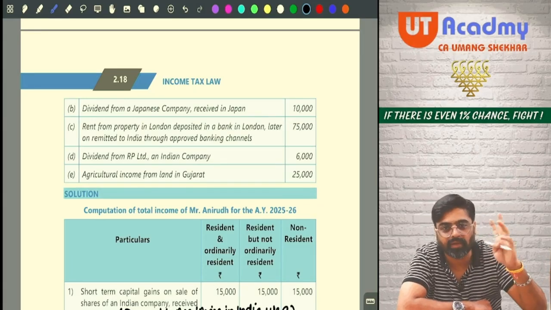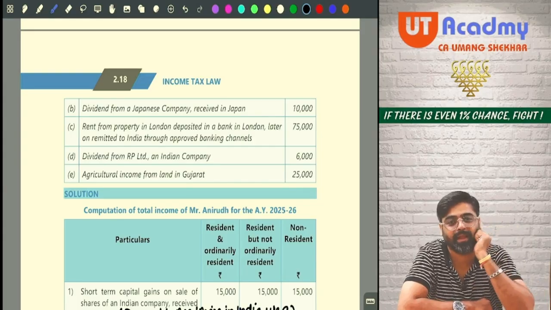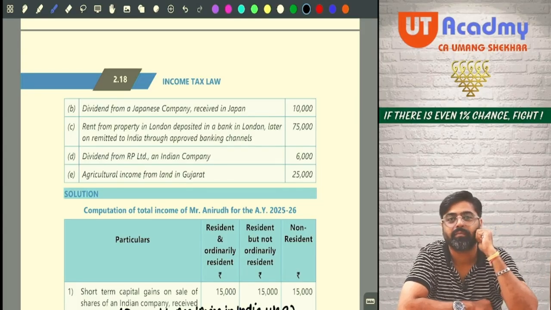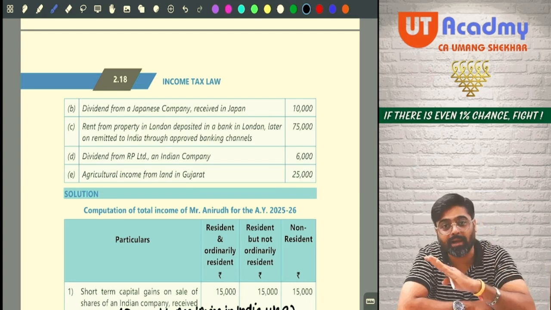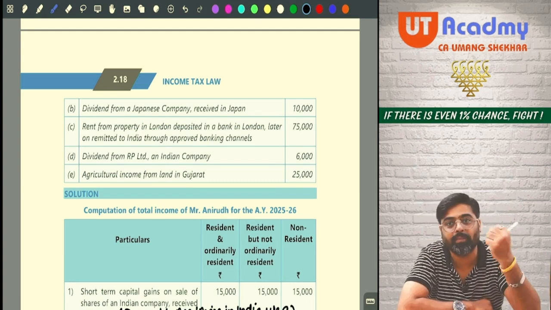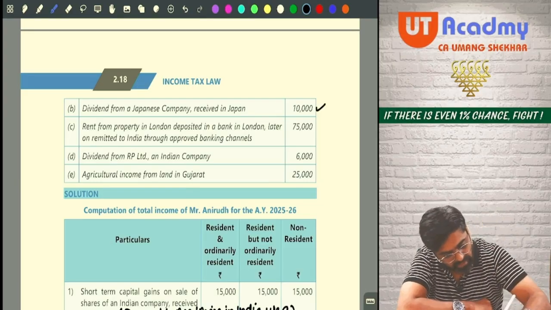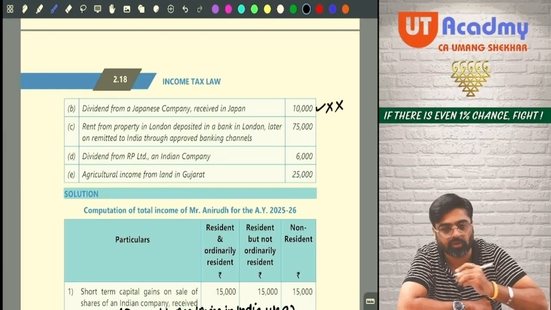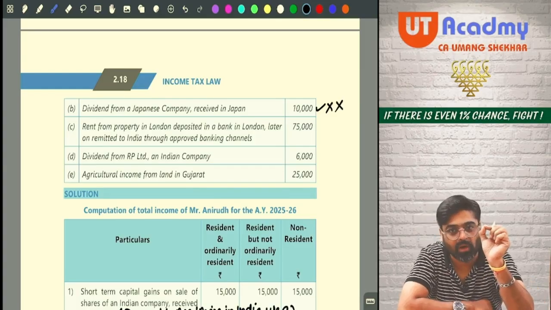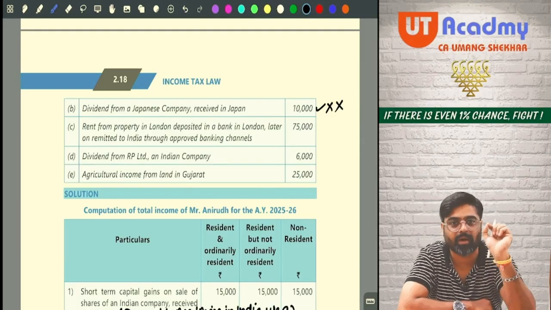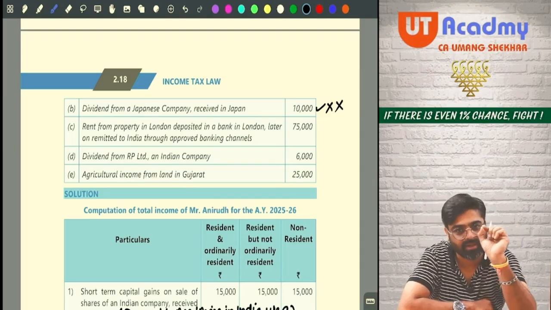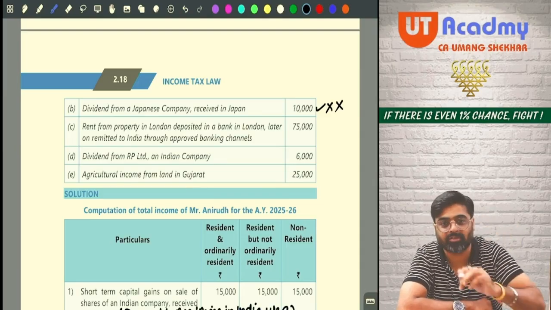Accrual happening outside India, receipt also happening outside India. Tell me, is it your Indian income or a foreign income? Foreign income. Part A or part B? Part B. So part B, foreign income, what we do? Tick, cross, cross. So only in the ROR column you will write down 10,000, and in RNOR and NR you will write down dash, dash. That's it.